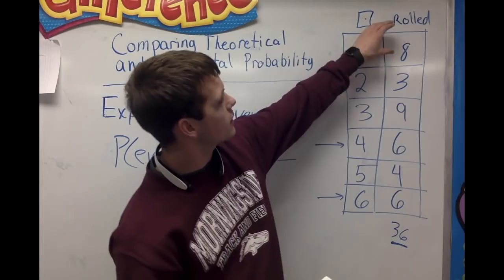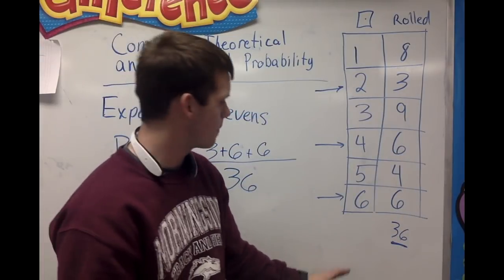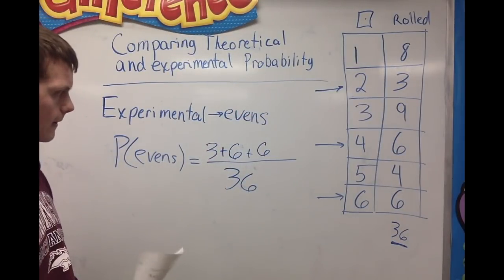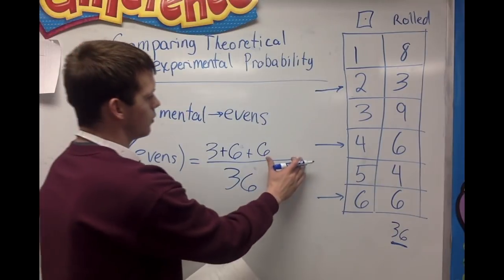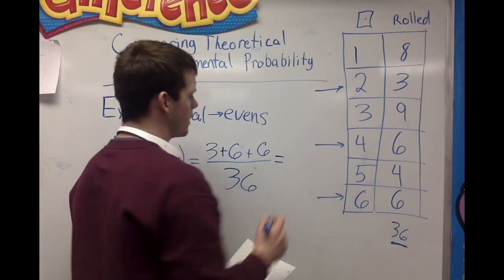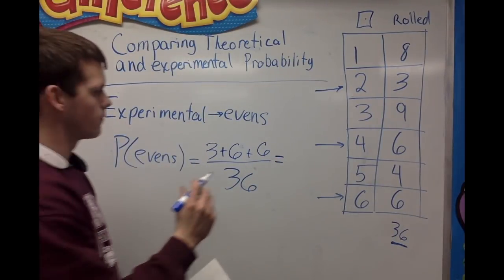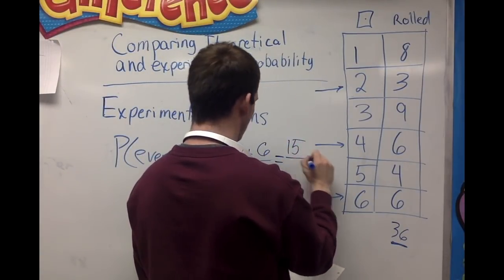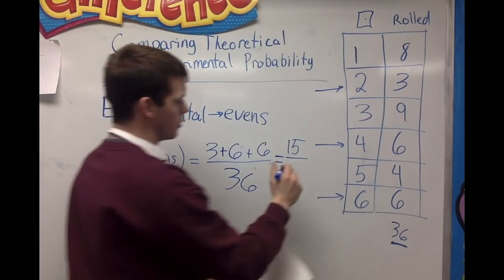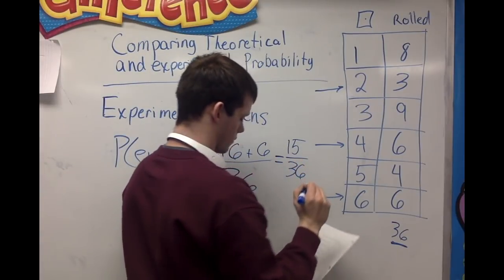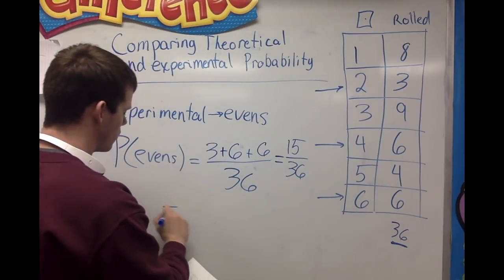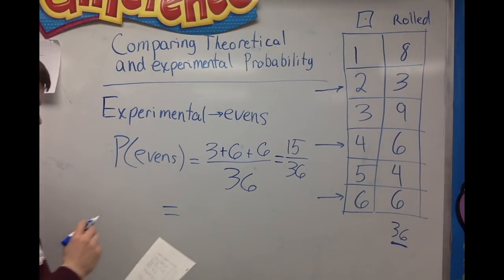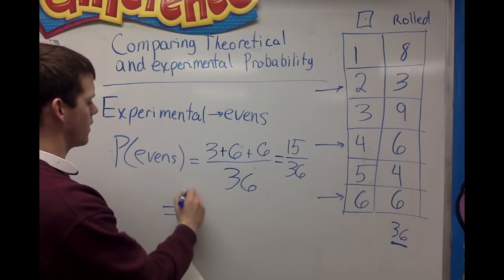So after adding them all up, you put that on the bottom. Now, of course, we find out how much that is. If we add the top, we get 15 over 36, which is then equal to 5/12.